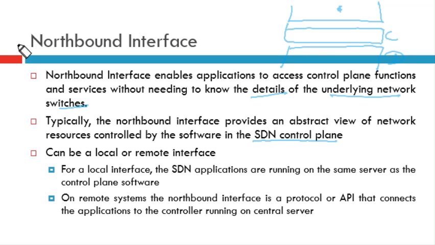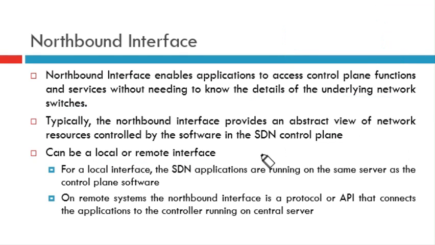Now, students, when we talk about the northbound interface, it can be a local or a remote interface. When we talk about a local interface, the SDN applications are running on the same server as the control plane software. So let's draw it and understand this concept.